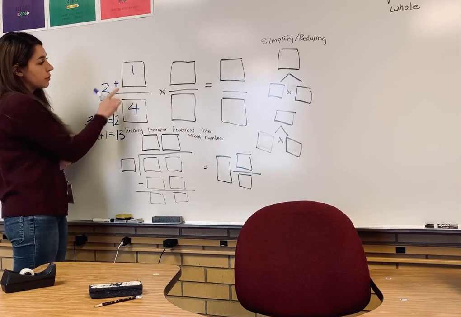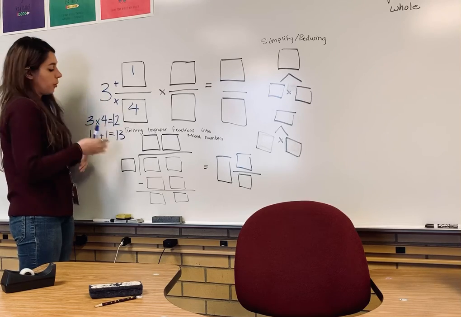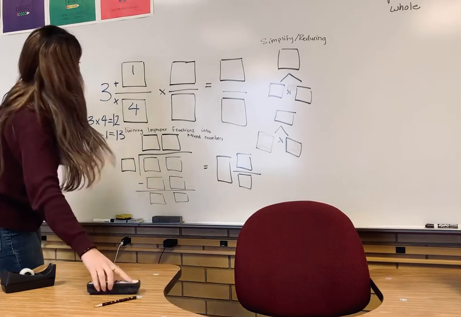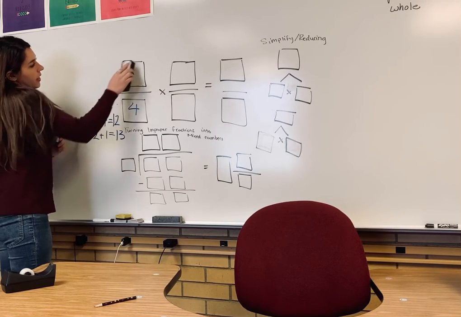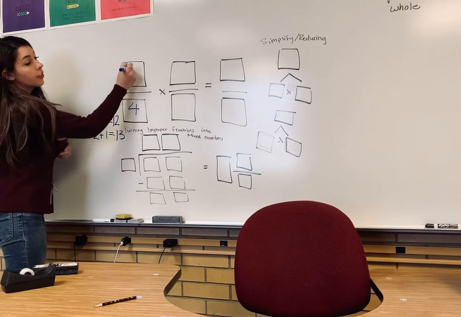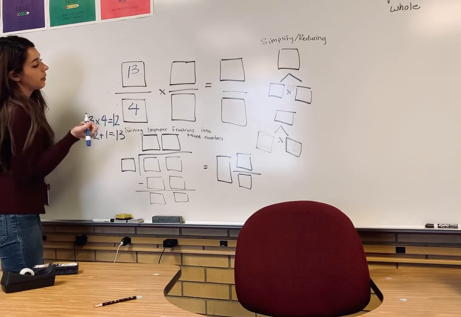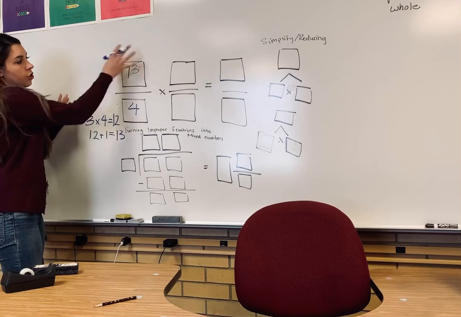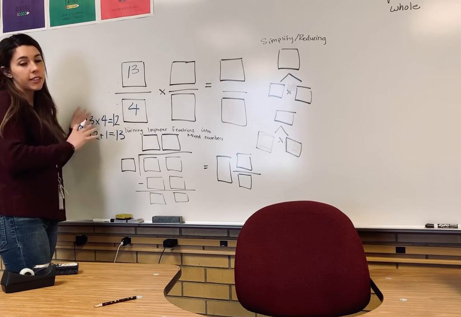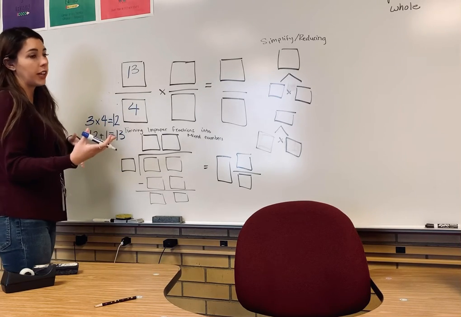I'm only going to change my numerator, and I'm going to get rid of my whole number because I did this whole process. So this will be gone off to the side, and this new number becomes 13. Okay, this is just turning that mixed number into an improper fraction for when you're getting to that next part.